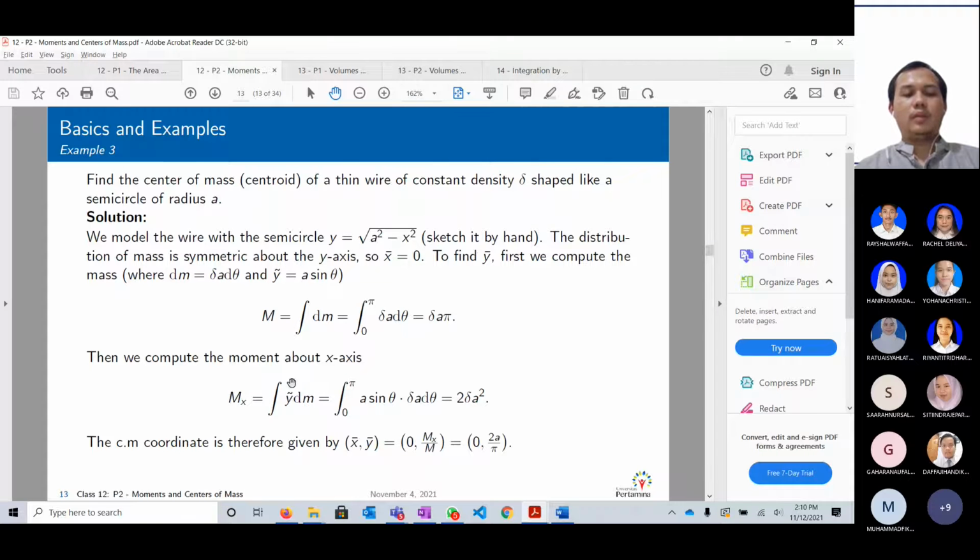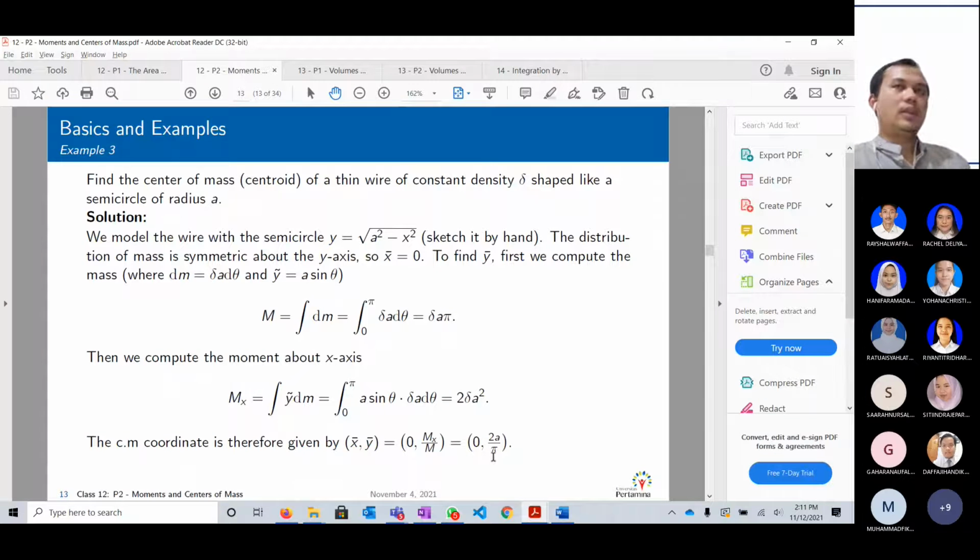In this case, we get that the moment about the x-axis is 2 delta a squared. So we can finally compute the centroid coordinate that is given by 0, moment about the x-axis over mass. Then we have (0, 2a over pi).